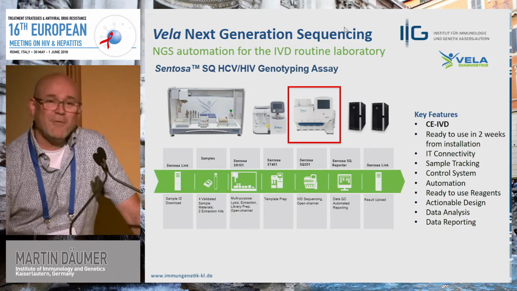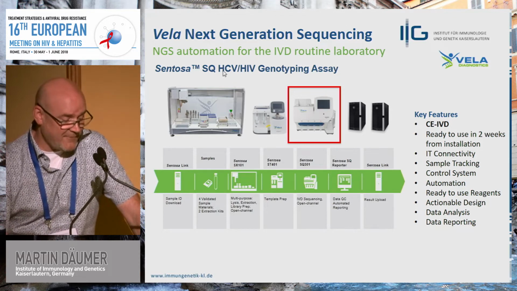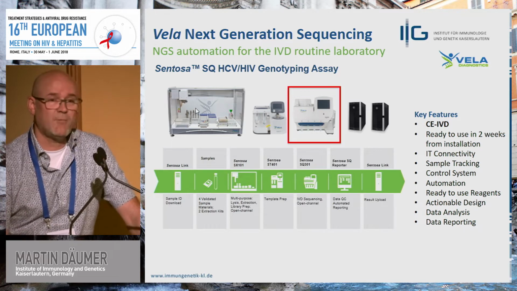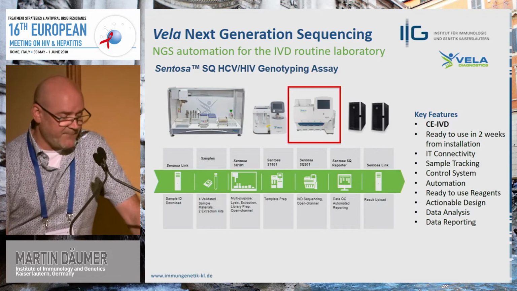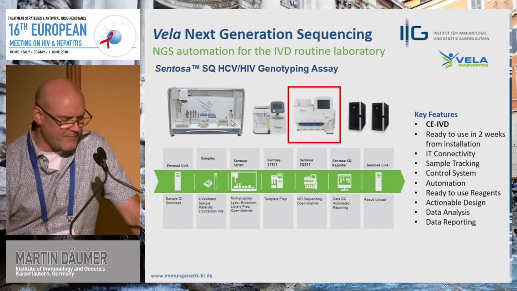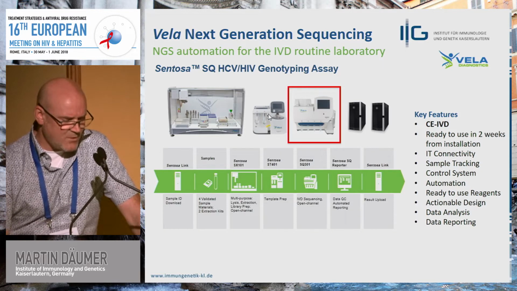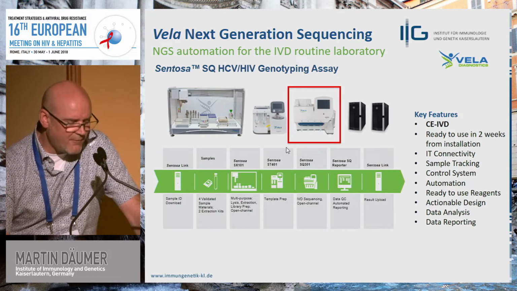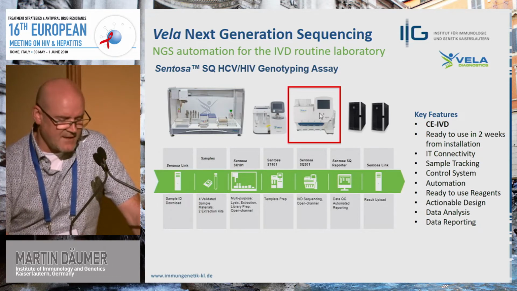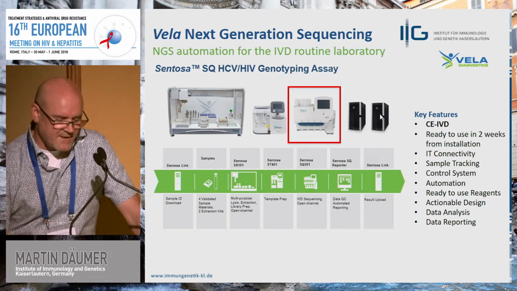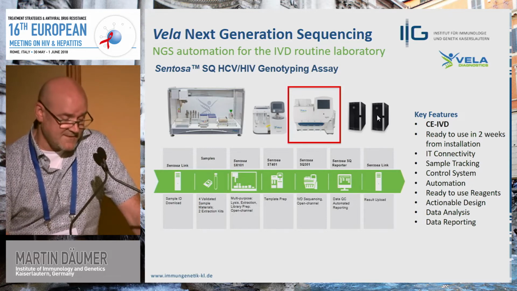And what you can find within that is you have some kind of a liquid handler which is used for the sample preparation itself, so extraction of the RNA, and also for the library preparation, and for the library preparation as well, you have the Sentosa SX101 or the Sentosa ST401, which is doing the emulsion PCR, the machine itself, and of course you have your workstations for the analysis of the data.